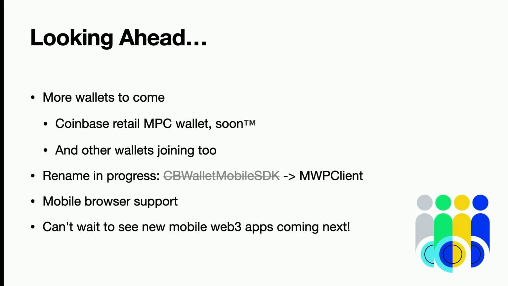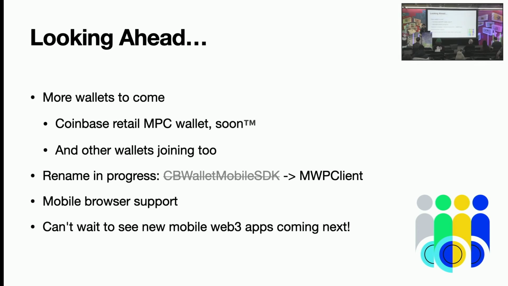Looking ahead, we expect to see more wallets coming. Coinbase Retail MPC wallet is going to support this soon, and we are also talking with other wallets as well. We are going to add support for mobile browsers as well, because any web app which can send and receive deep links can use this. And also, I'm looking forward to seeing more new mobile Web3 apps built by all of you.